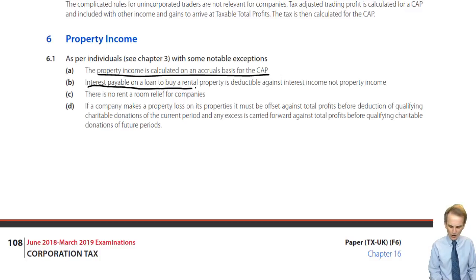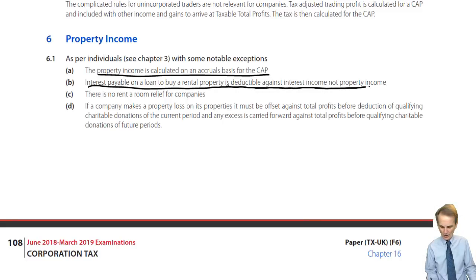Interest payable on a loan taken out by the company to buy such a rental property is tax relievable, but remember where. If we had interest payable on a non-trading loan, and an example of a non-trading loan would be a loan taken out to buy an investment, a rental property, then that would be deductible against interest income, not property income.